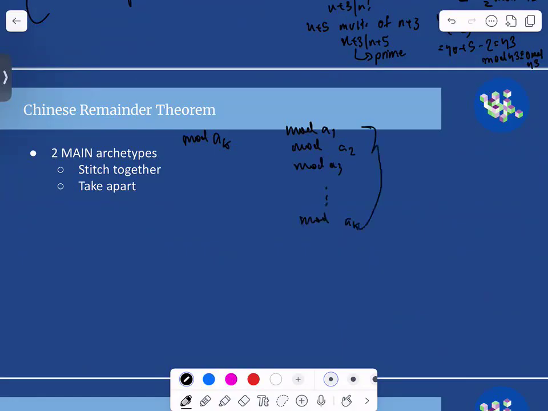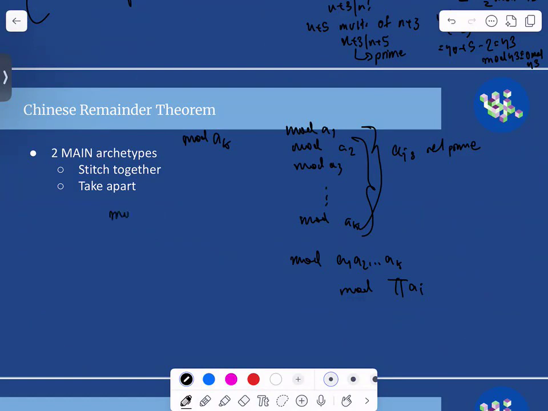And these AIs are all relatively prime. Then you can get some sort of congruence in terms of mod A1, A2, so on, AK, or essentially mod the product of the AIs. And you can also take apart congruences.